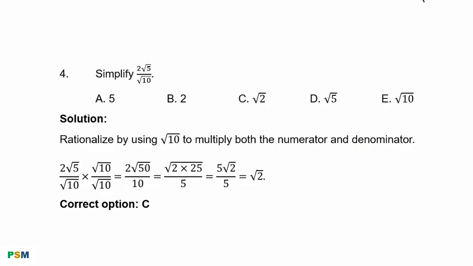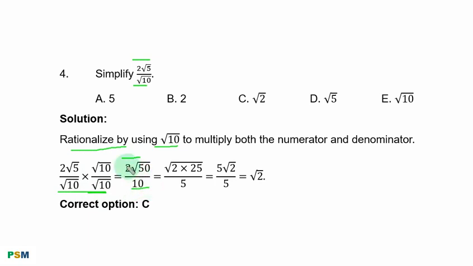Question 4. Simplify 2 root 5 over root 10. Solution. Rationalize by using root 10 to multiply both the numerator and denominator, you have it in this form. 2 root 5 times root 10, you have 2 root 50. Root 10 times root 10 is 10.